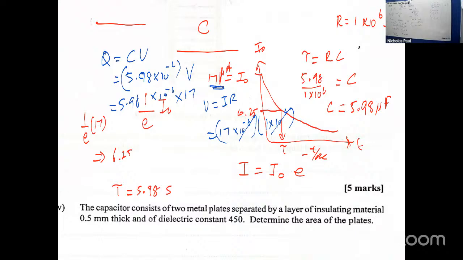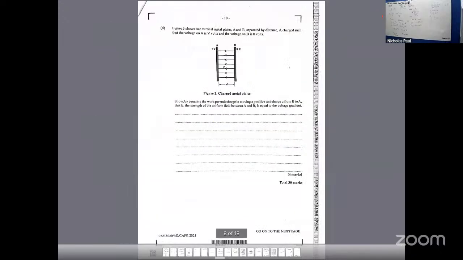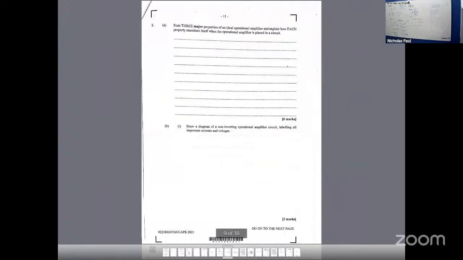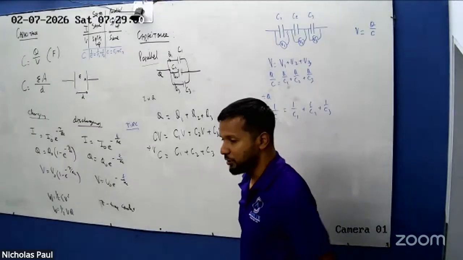You still have some more questions first to do, but we're going to do the next piece here. No, oh no, that's electric field. All right, so now you want to go to electricity.